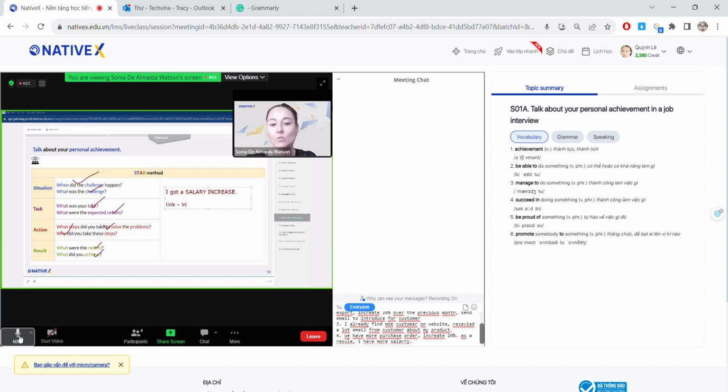I could hear the linking words in addition, and I could hear the linking words therefore. So I understood what you were saying. A little tip for today: remember, even though you're talking in business to an interviewer, you are still telling a story. When we tell stories, we have to tell them in the past tense. So let's remember to use our past tense verbs.